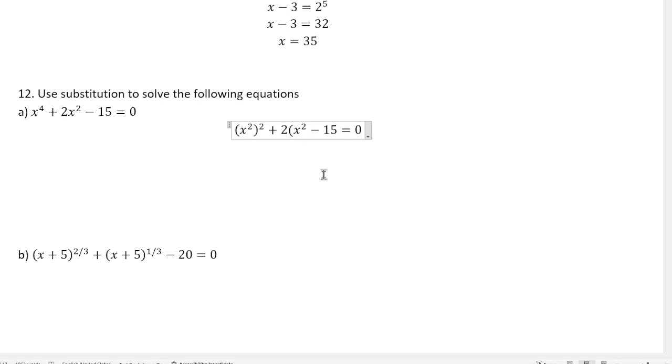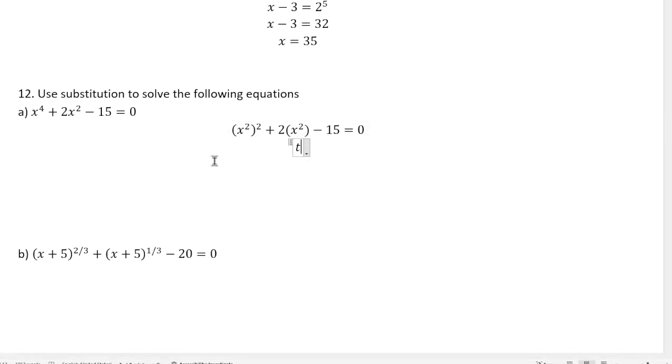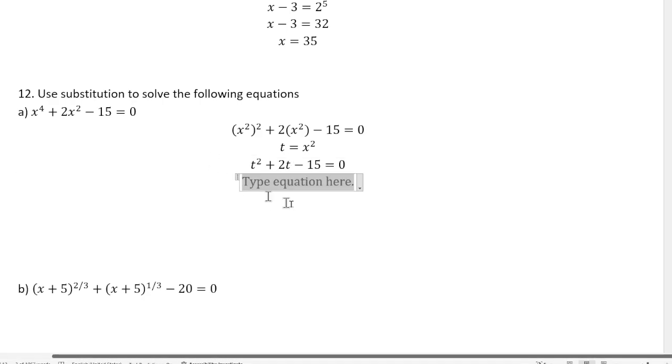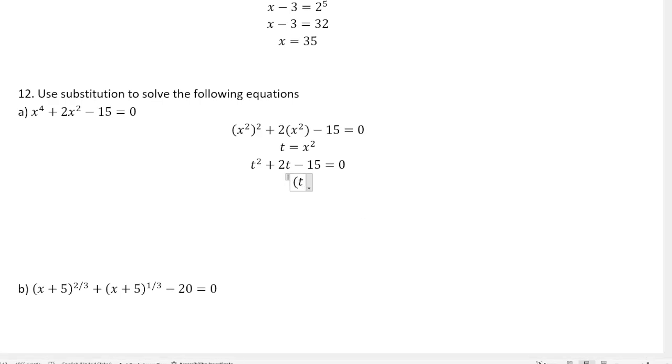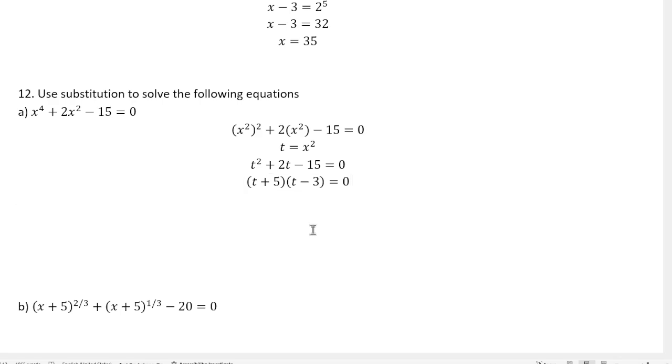And if you put both x squared in parentheses, you see that if you use t equals x squared, then this now becomes a quadratic equation in t, which is easy to factor. It's t plus 5 times t minus 3, right? Because 5 times negative 3 gives you negative 15, and 5 plus negative 3 gives you 2t. So now you have either t equals negative 5 or t equals positive 3.